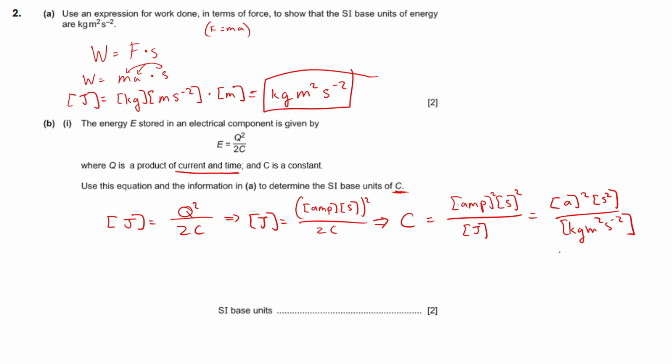It turns out that we can simplify this to get amp squared kg^-1 m^-2 and then seconds to the 4.